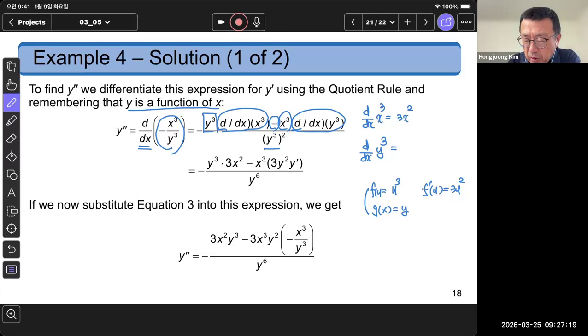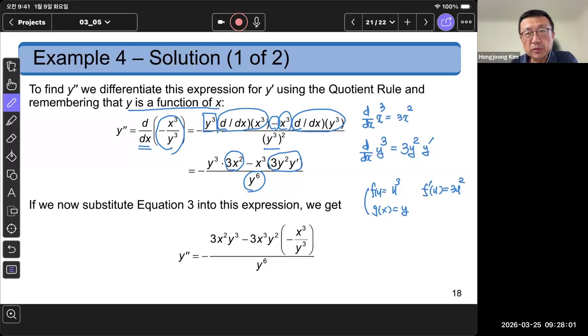You put 3u squared evaluated at the inner function y, so 3y squared. You then multiply by the derivative of the inner function, which is y prime. So that is the derivative of y cubed with respect to x. So we get 3x squared and 3y squared y prime. And the denominator, y cubed squared, gives y to the sixth.